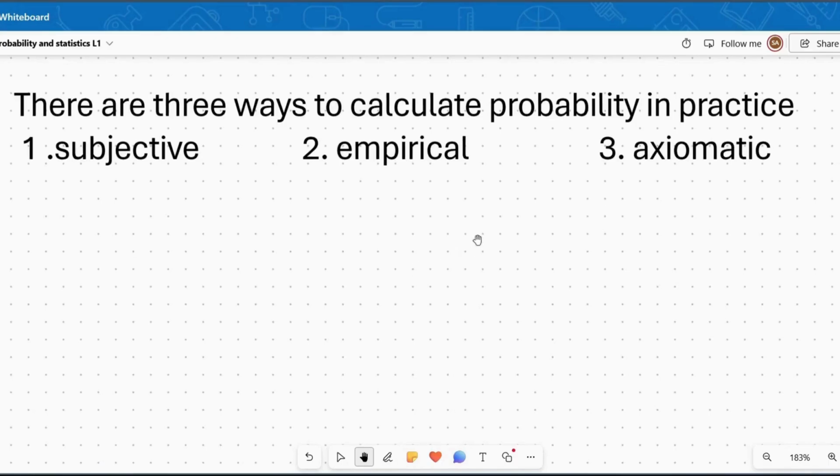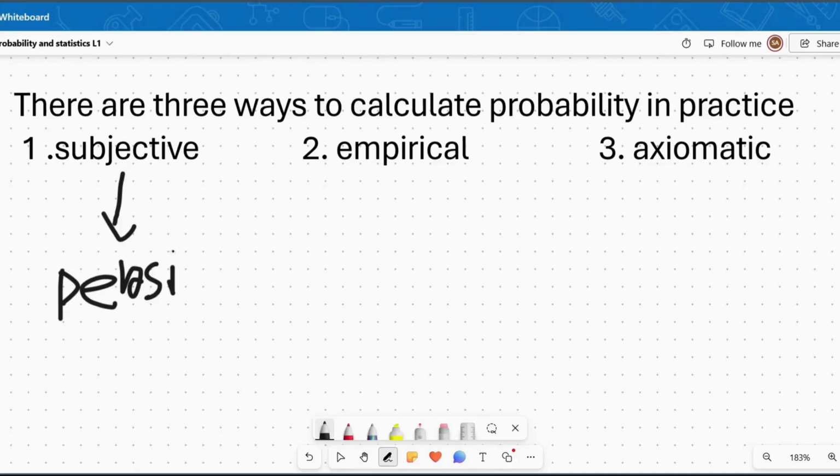There are three ways to calculate probability in practice. Subjective, which is our personal opinion. It is without any data collection or visualization. Someone just speaks about their experience.